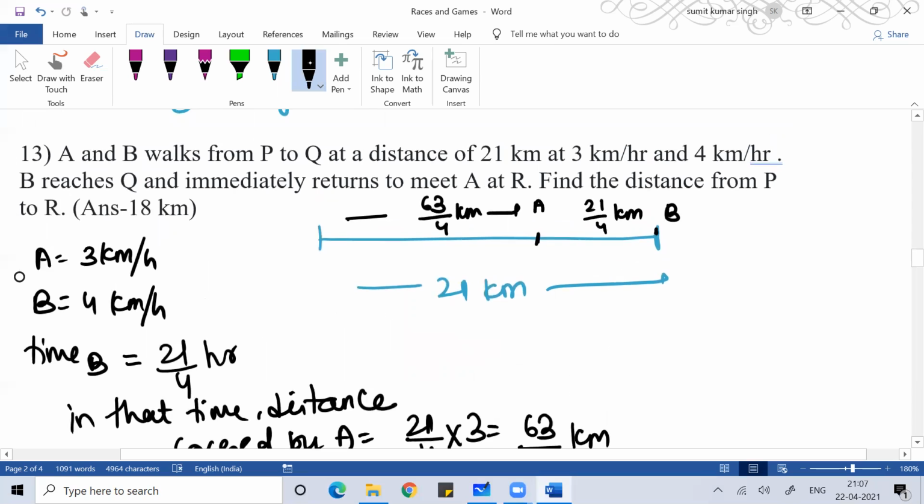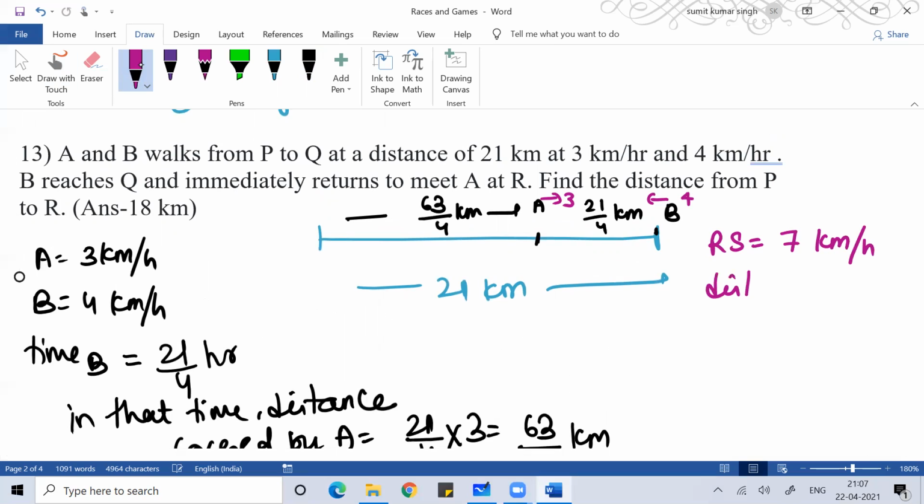Now A is running at 3 and B is running at 4 kilometers per hour, in opposite directions, so the relative speed would be 7 kilometers per hour, and the distance between them is 21 by 4 kilometers.